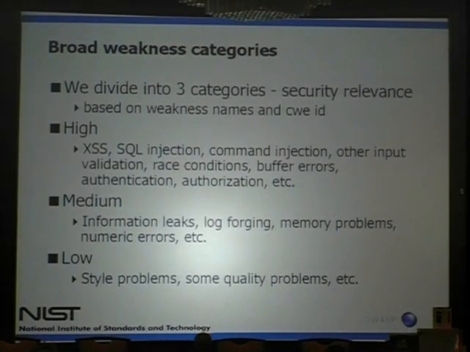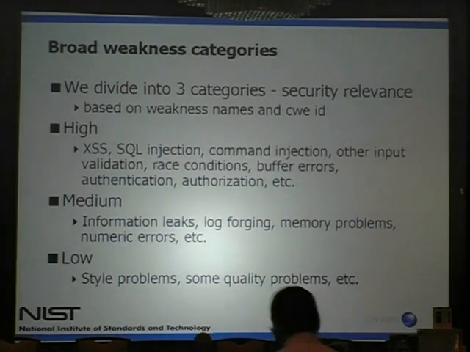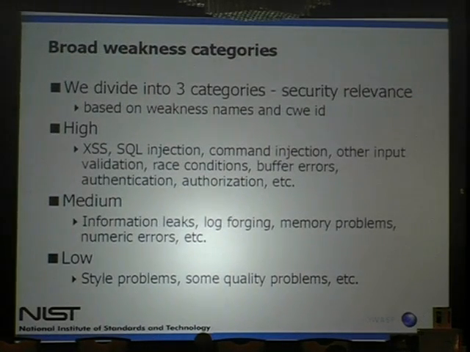So these are types of weaknesses. Within those, there may be some warnings which don't really qualify as high severity issues. This is just based on the weakness names. So we also had medium and low categories. And even in the low category, there are some interesting cases. It's just that in looking at the weakness name, we thought that we could put it there.